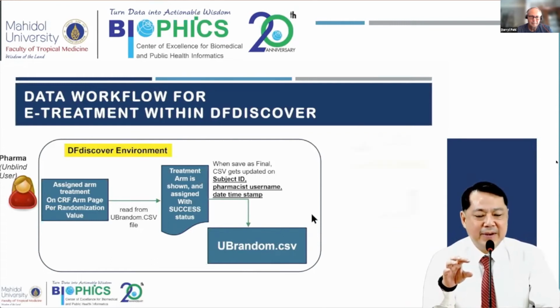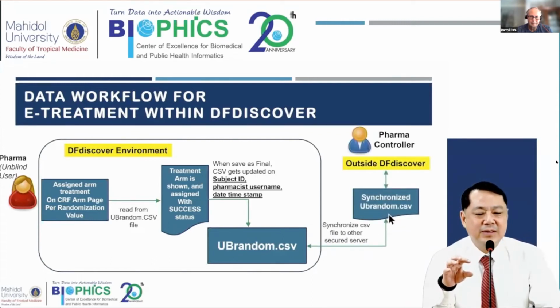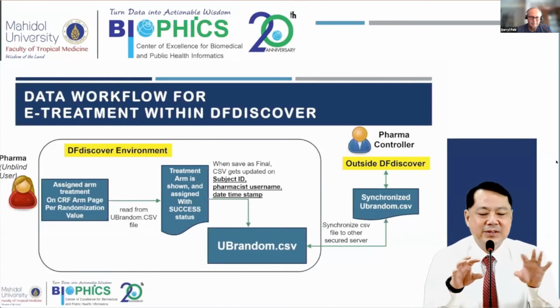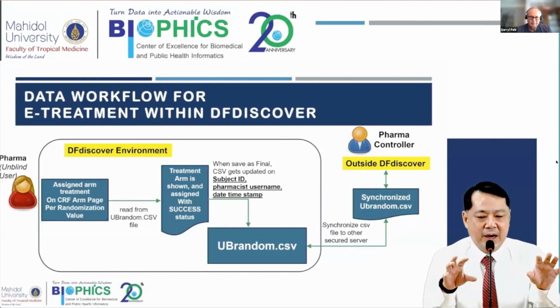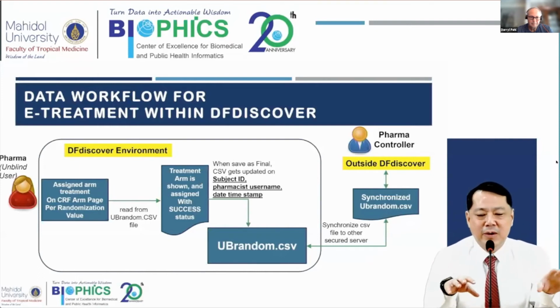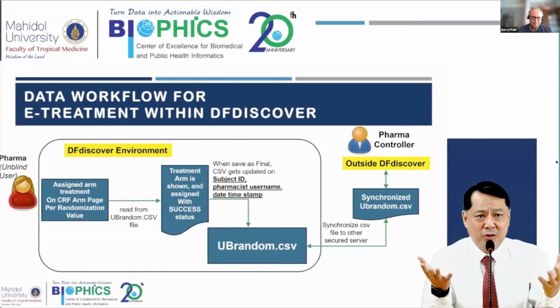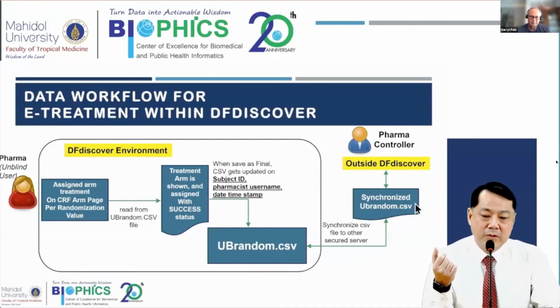Once it gets updated, it will synchronize to another CSV file which will contain exactly the same information, so these CSVs are like a mirror of each other. Then the mirror file is used for reports or anything else. Suppose you have a pharma controller who controls the inventory of the drug or treatment, you can use this information to update the inventory in real time.